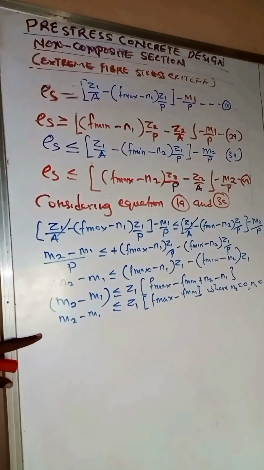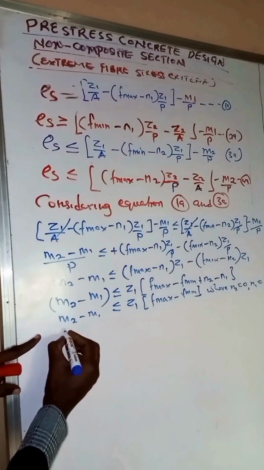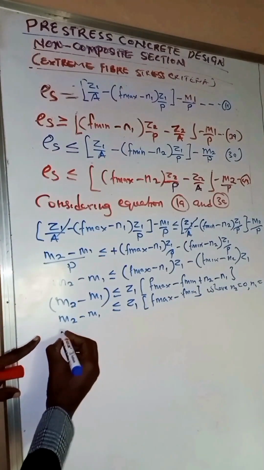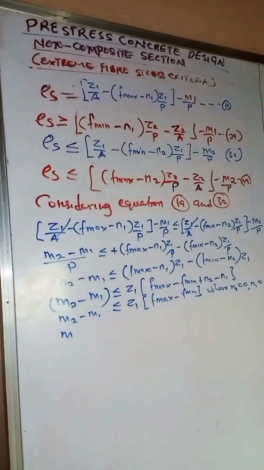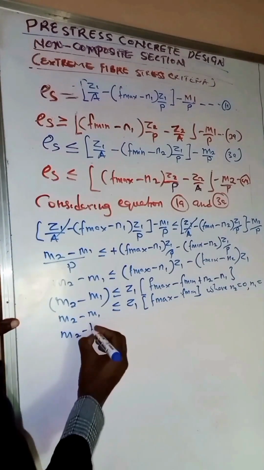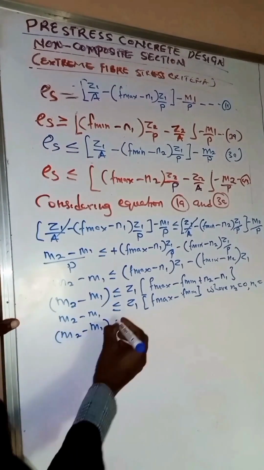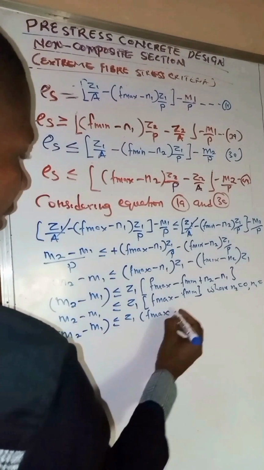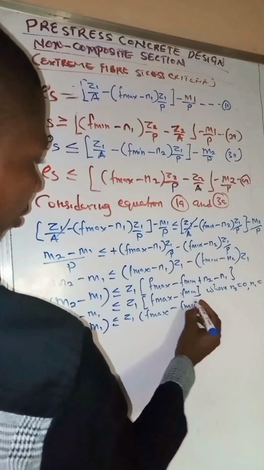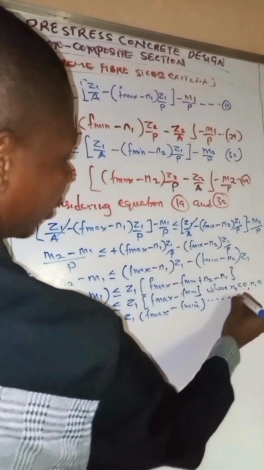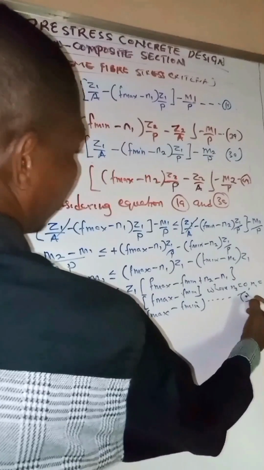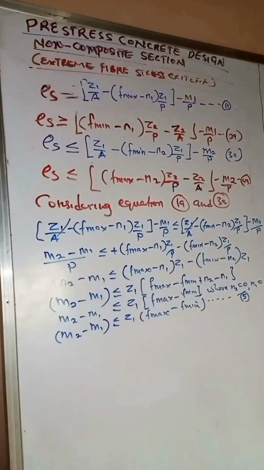Okay, so this becomes a final expression where we do not have axial forces present in this structure. So the moment variation becomes lesser than Z1 (F maximum minus F minimum). Let's call it equation number 5. All right, equation number 5.